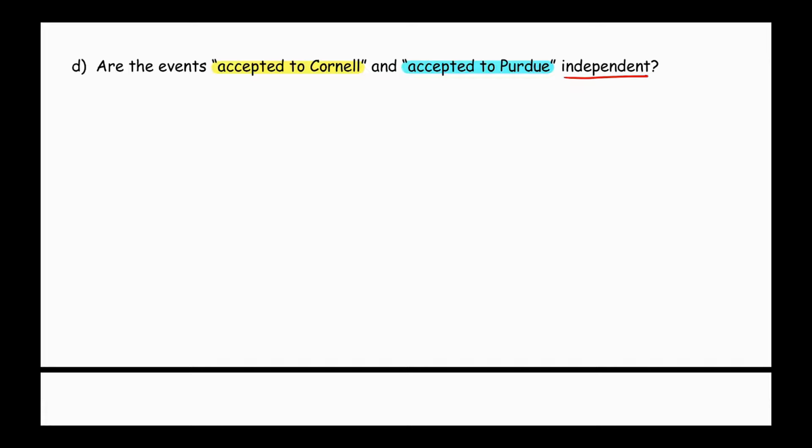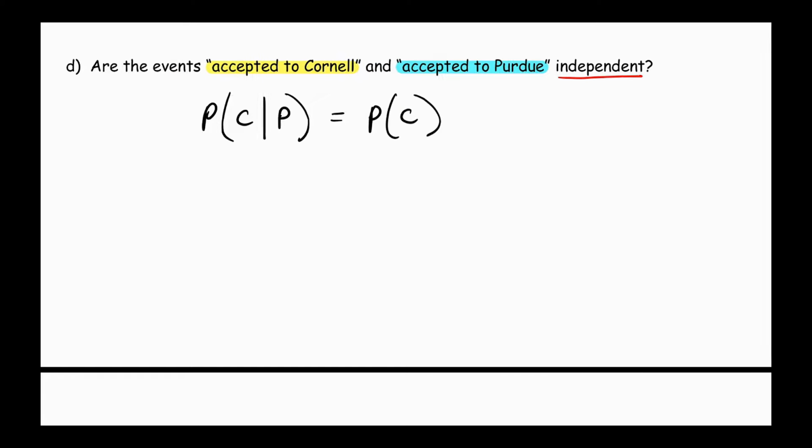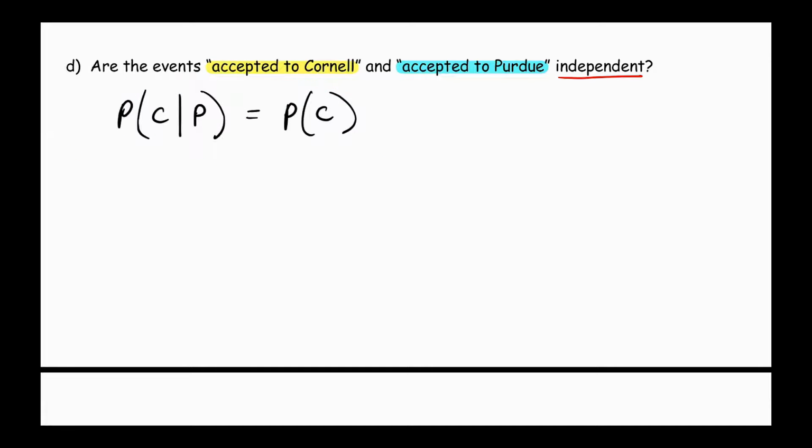So what we're going to do here is you can do one of either two ways. We can check Cornell given Purdue is equal to Cornell. We can check that. And we just did that one too, so we know the answer to that one.